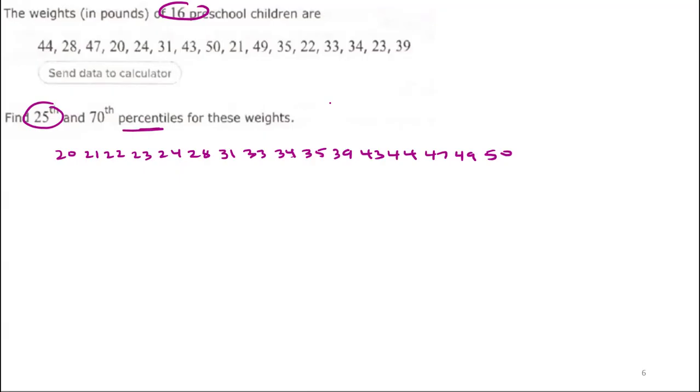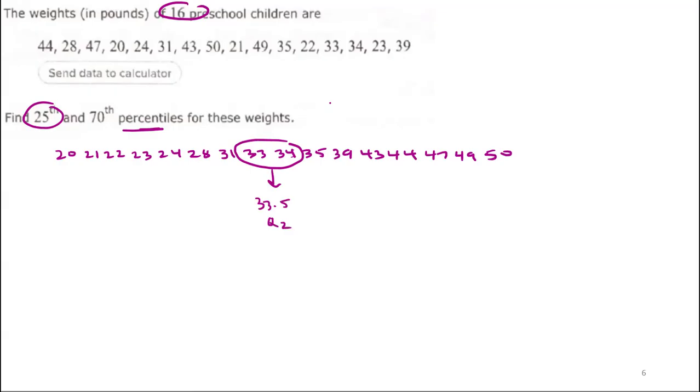Anyway, to find the 25th percentile, we need to find the 50th percentile first. Basically Q2. So Q2 in this case, just to maximize our time here, is going to be these two numbers here. There are two numbers in the middle, so we just take the average of the two. When we do that, we get 33.5. So that's going to be our Q2.